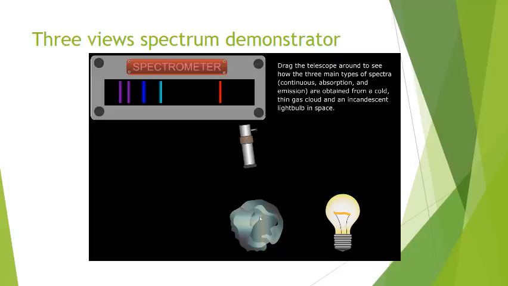Those atoms are then de-exciting and emitting photons in all directions. Some of those photons are heading toward my spectrometer. And that's why I'm seeing what's called a bright line spectrum, or an emission spectrum. I should be seeing nothing, and yet I'm seeing certain frequencies. Well, why is that? Because the atoms in this gas have absorbed energy from this nearby star, or this nearby light bulb, and have emitted photons of those same energies, which I'm seeing now as a bright line spectrum.